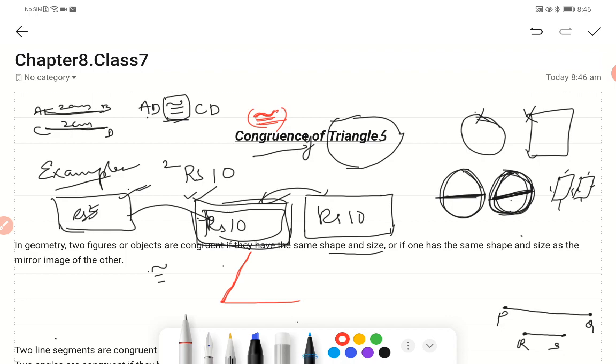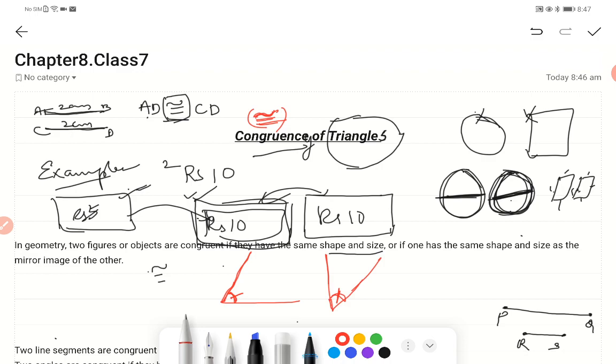Similarly it can be with any other shapes as well. Once an angle is formed and you measure it, if the size of this angle is the same as this one, then you say both are congruent.